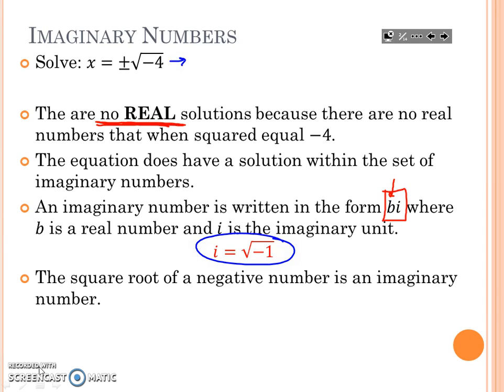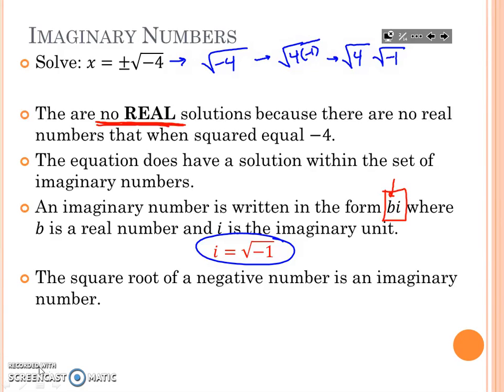So if I look back up here and I have a square root of negative 4, what we're going to do is use our product property for roots, which says that I could split up what's underneath my square root. So I could split up a negative 4 and make that a 4 times a negative 1. Then I can split up my roots, make that a square root of 4 and a square root of negative 1.